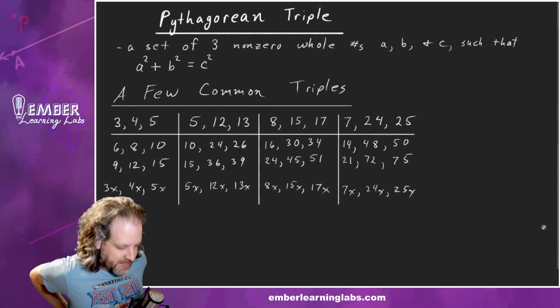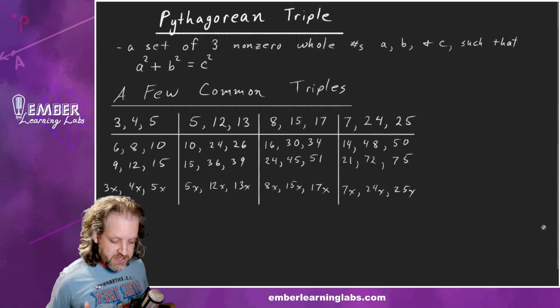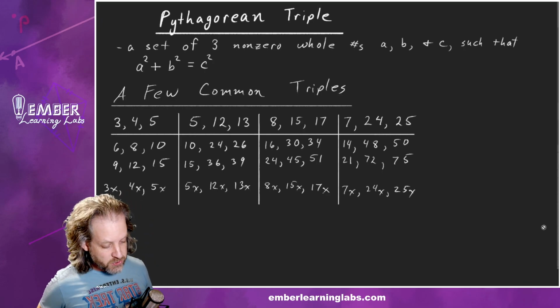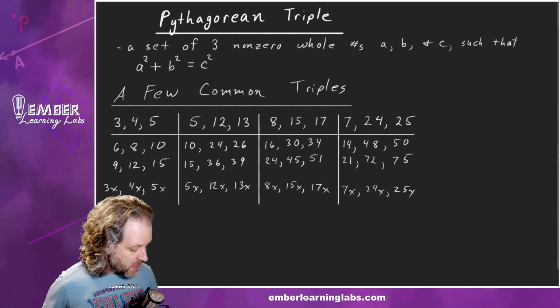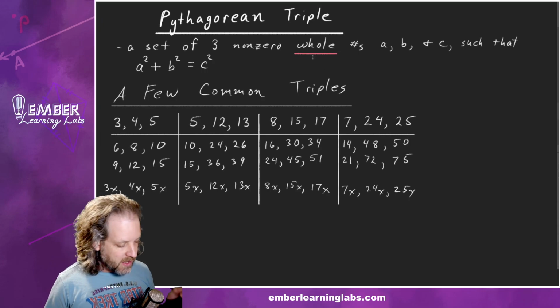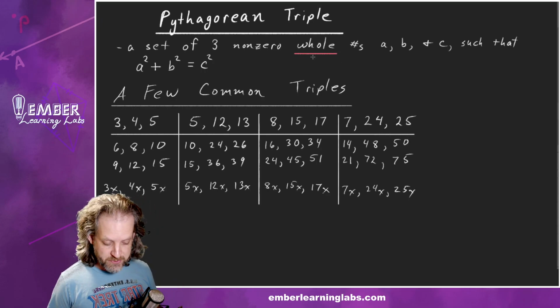So the next thing, and this is the first place where we're going to extend it, is looking at a Pythagorean triple. A Pythagorean triple is a set of three non-zero whole numbers, and that's really the key there. So A, B, and C, such that a squared plus b squared equals c squared.